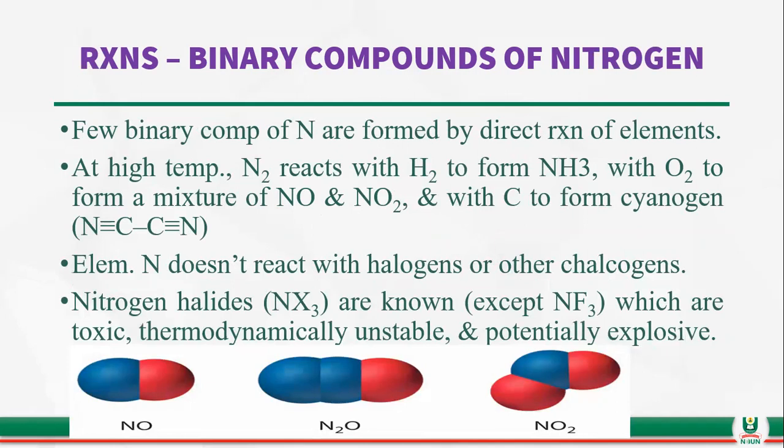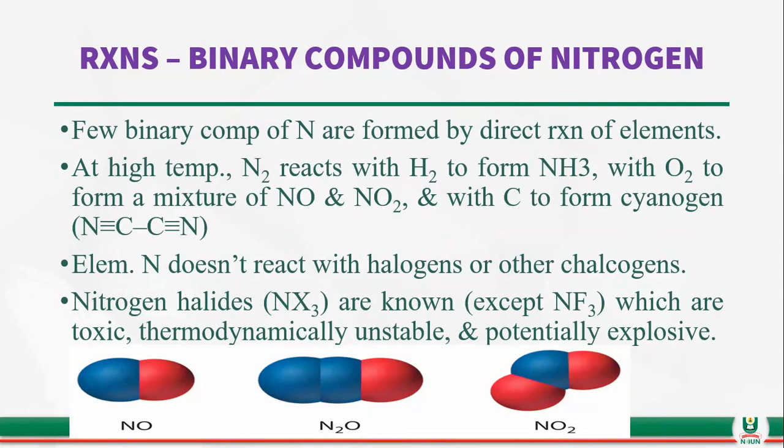Most of the time, they are done at very high temperature, because to fuse hydrogen gas or nitrogen gas or other things, it will need high thermal reaction conditions to melt them, to atomize them, and then they can interact. So at high temperature, nitrogen gas reacts with hydrogen gas to form ammonia.